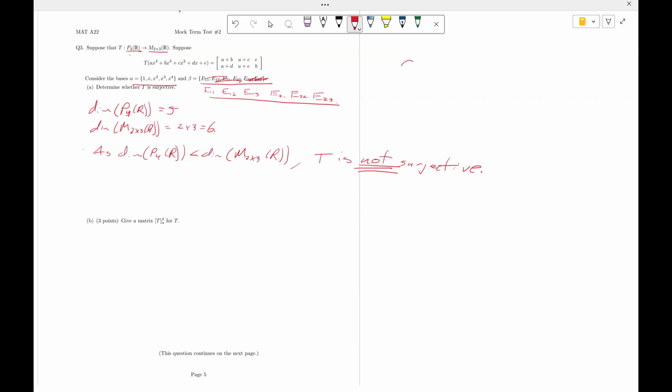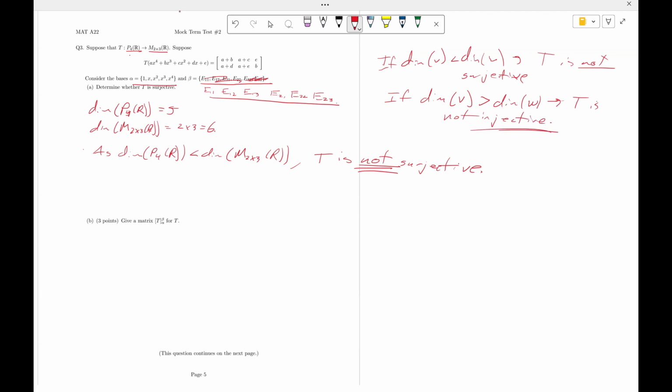Remember, if the dimension of V is less than the dimension of W, this implies T is not surjective. If the dimension of V is greater than the dimension of W, then T is not injective.